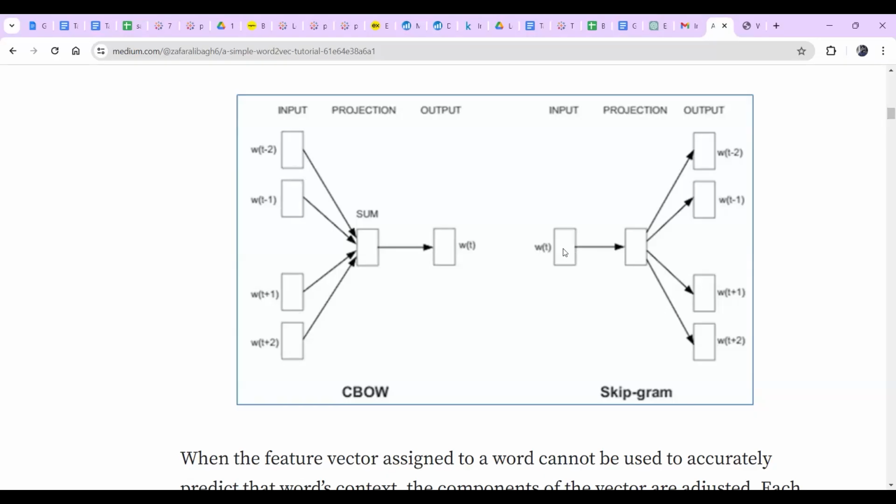Only the current word gets triggered, and you predict WT minus 2, WT minus 1, and so on. For each of them you have individual neuron representations in each of the rectangles. In both, the architecture is similar. Both have a projection, which is nothing but a dummy problem, an intermediate representation.